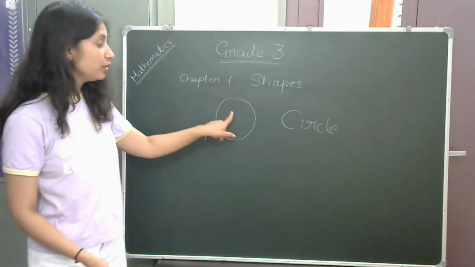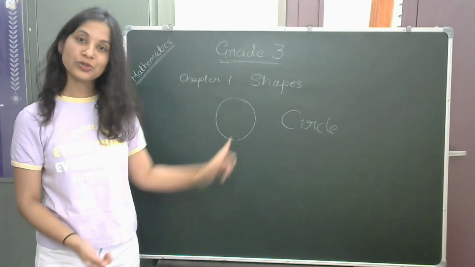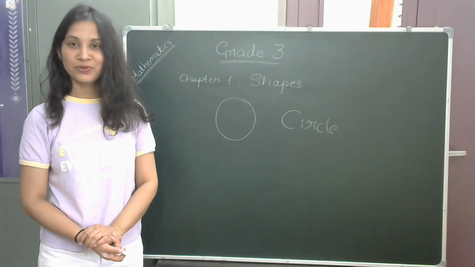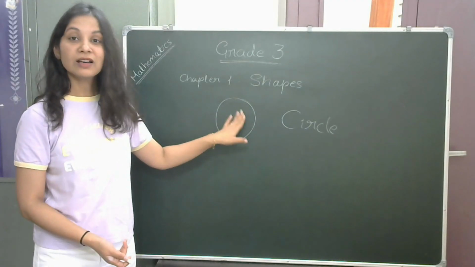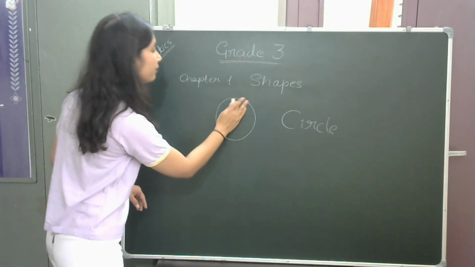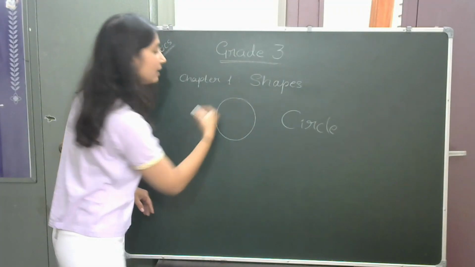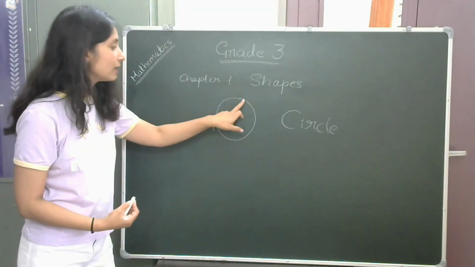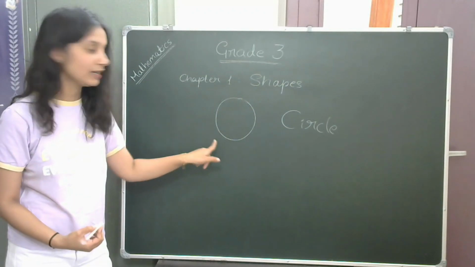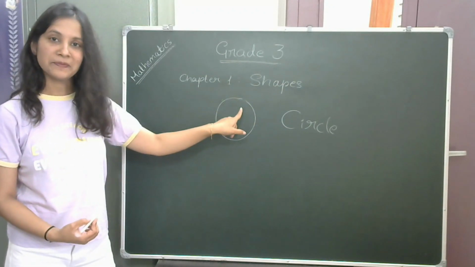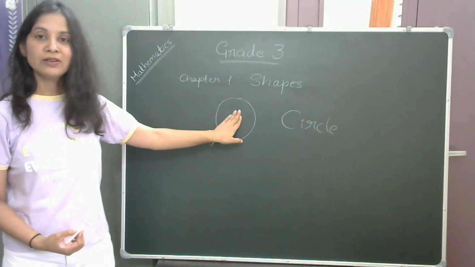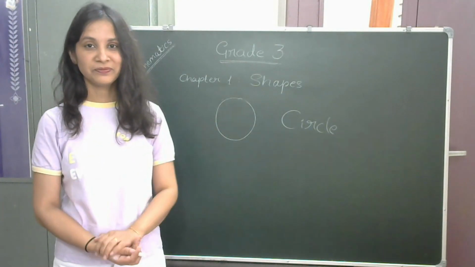But have I used any straight line to draw this? No, we have used a curved line, right? If I start from here, I will go like this and I will end like this, right? From one single point, I have started the line and I joined it to the same. I have drawn one circle here.